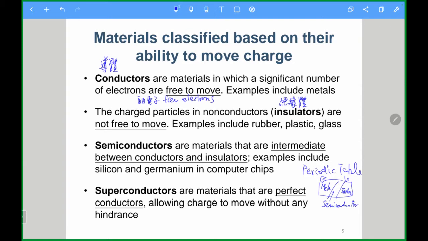But for the semiconductor, as it has very complicated characteristics, it is useful for complicated circuits like logic circuits. For example, ECE students will learn what the MOS transistor is, metal oxide semiconductor.